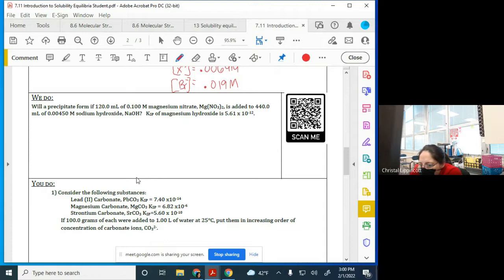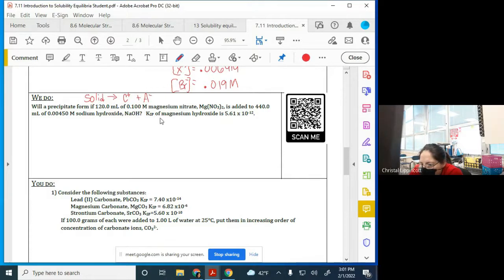So the idea is that when we look at these, we need to see if a solid is going to form, or if it's going to stay in solution. So remember, we have solid, and then that solid goes off into some sort of cation, a cation with a plus charge plus an anion with a negative charge.